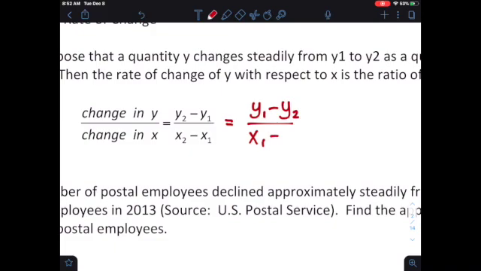So you can definitely have y2 minus y1 become y1 minus y2, but then you also have to switch x2 minus x1 into x1 minus x2. So the direction has to be exactly the same.